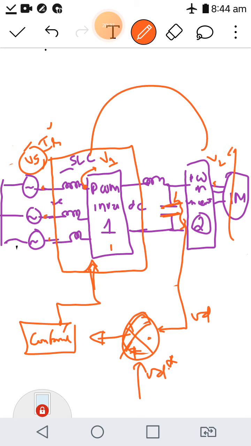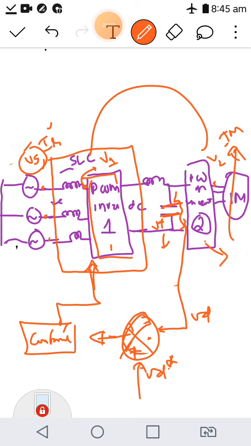Now if we apply load to this induction machine and the load increases, the power taken by inverter 2 will be greater than the power supplied by inverter 1, because the heavy loading of the induction machine causes more power to be taken from inverter 2 than is supplied by the SLC. Immediately the capacitor voltage decreases below the reference voltage.